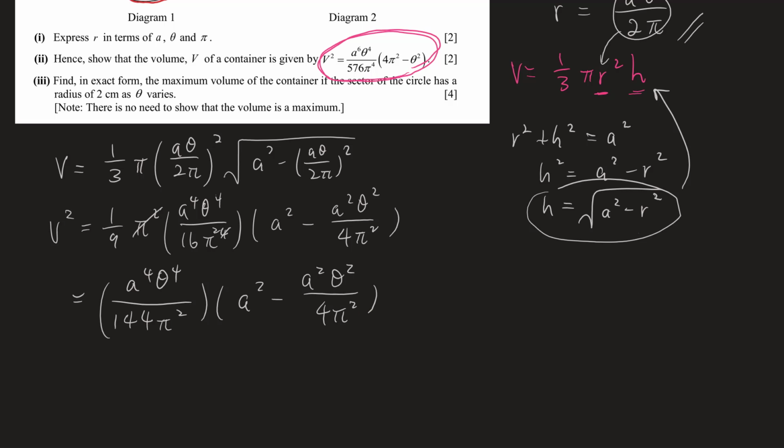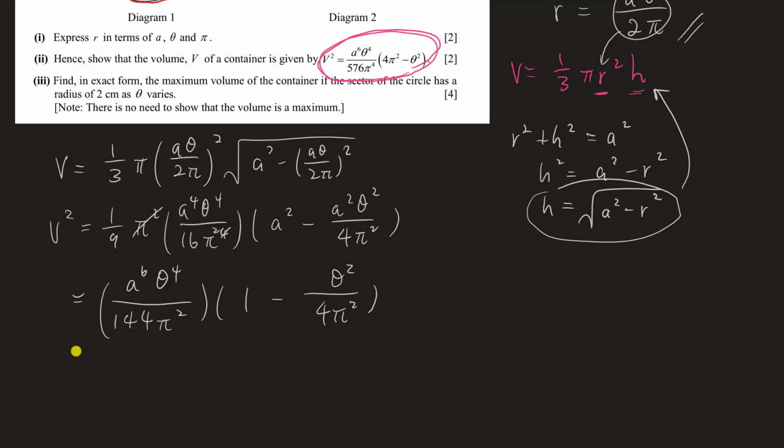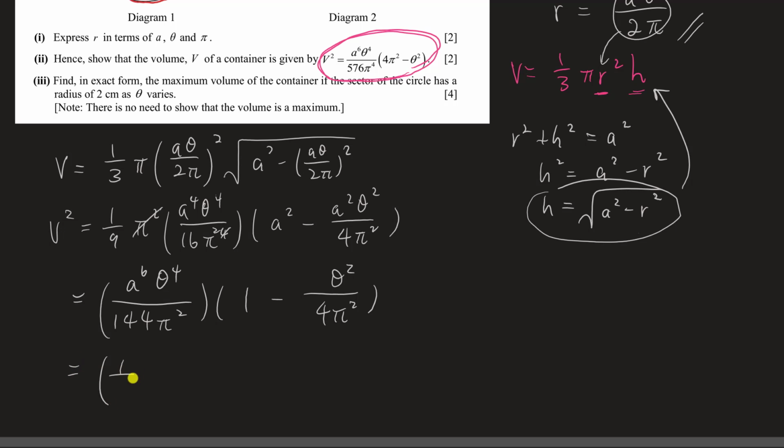Factorize out a squared, put it outside, I will get a to the power 6. And this becomes 1, and this becomes 1 as well. Second of all, I will factorize out 1 over 4 pi squared. This will give us 1 over 4 pi squared, a to the power 6 theta to the power 4, over 144 pi squared.